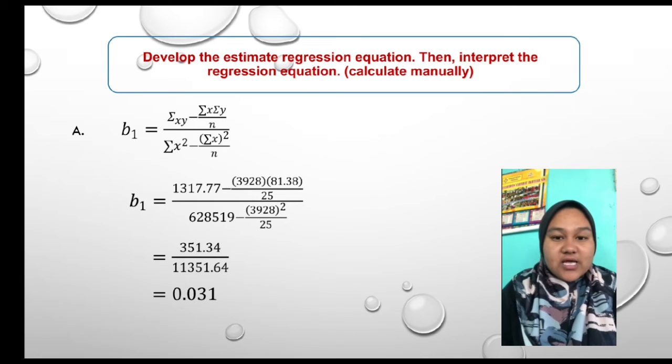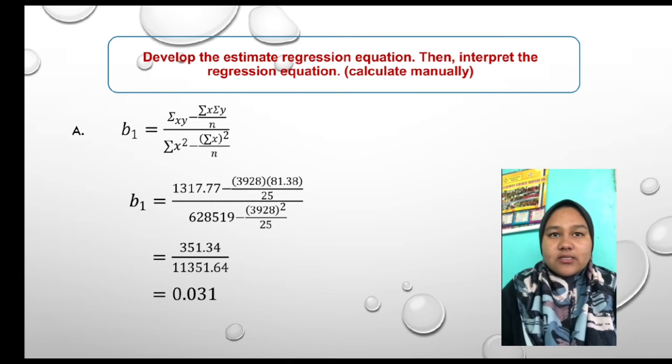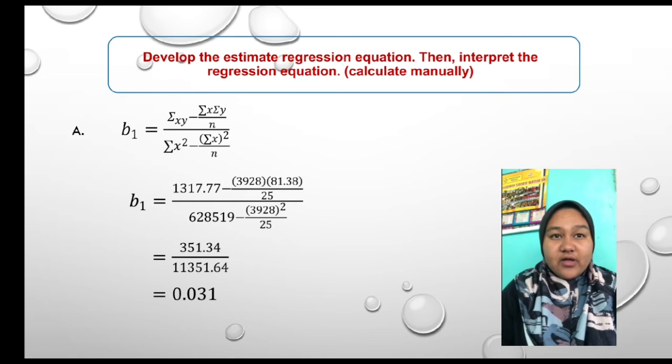So first things first, I will take the formula for B1, which is 1317.77 subtract 3928 times 81.38, divided by 25, divided by 6819 subtract 3828 squared divided by 25.